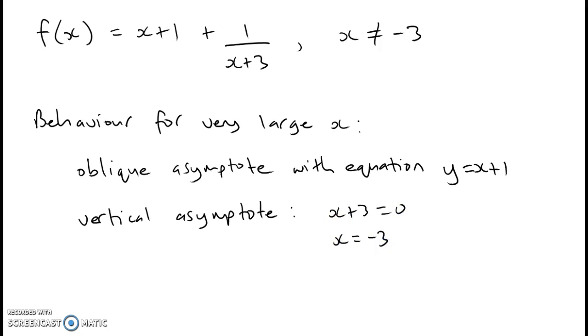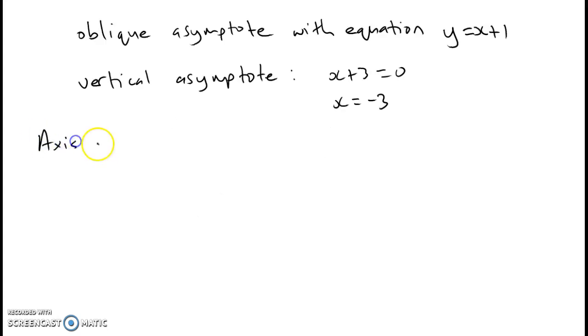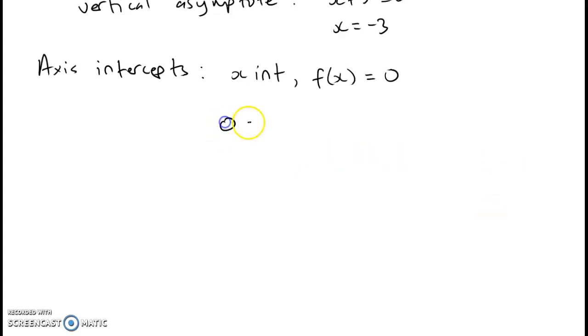The next thing we'll look at are the axis intercepts. Axis intercepts, like usual, to find the x-intercept, we'll solve the function equal to 0. So we'll get 0 equals x plus 1 plus 1 over x plus 3.